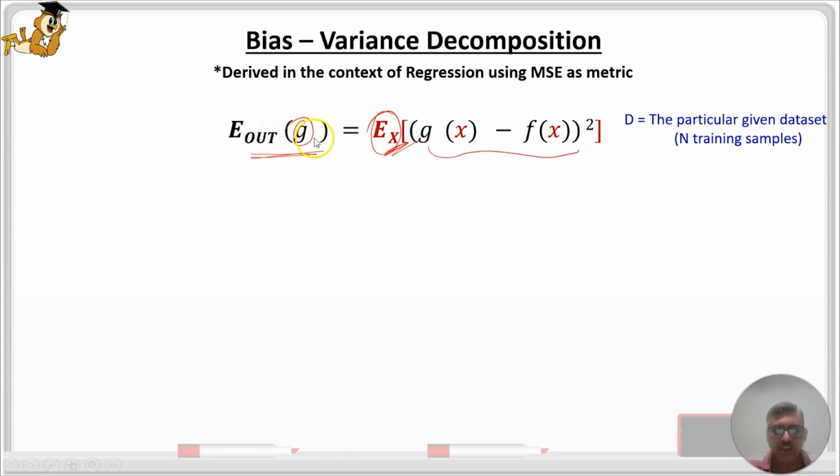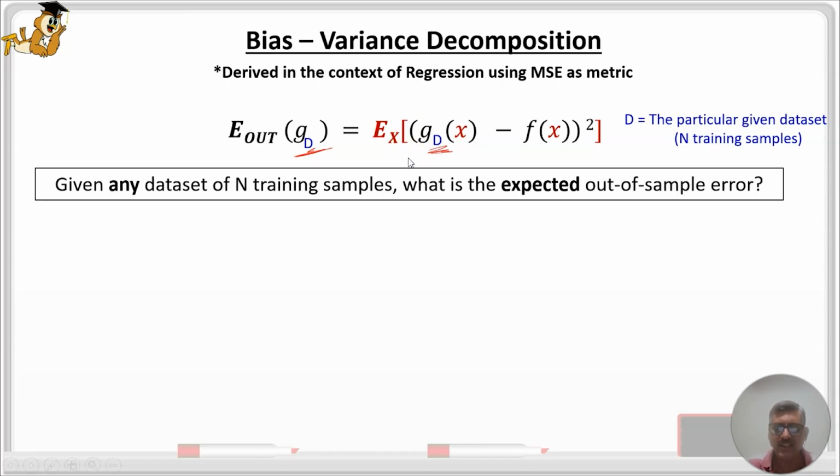So g is actually a function of D, and I'm going to make that explicit by putting D as a subscript below the g. So g_D formally denotes the fact that this g, the final hypothesis returned by your training algorithm, is a function of that particular data set D that was given to you. It was probably implicit all along, but now it's time for us to put that down.